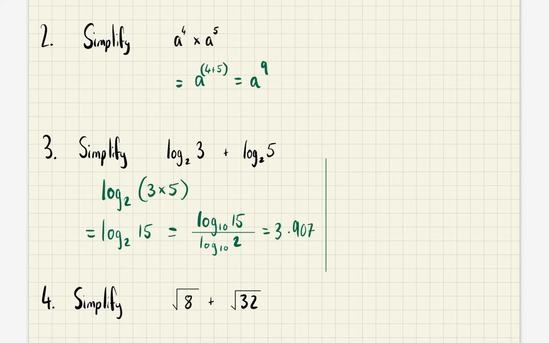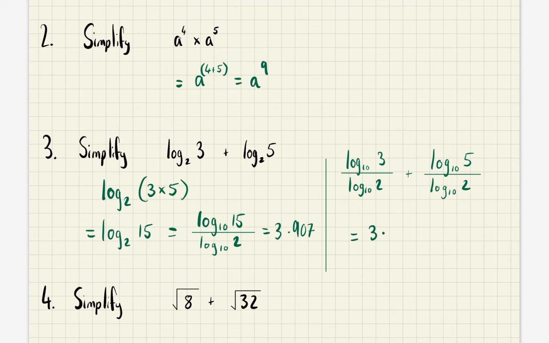Now the other way, which in my opinion is a bit slower, and also it doesn't utilize the log laws, so you don't get the practice, but some of you may have done this, is you do change of base straight away. So I'll do log base 10 of 3 over log base 10 of 2 plus log base 10 of 5 over log base 10 of 2.